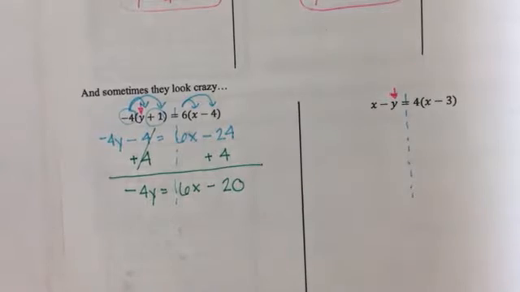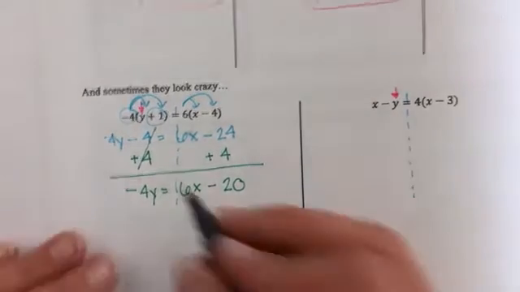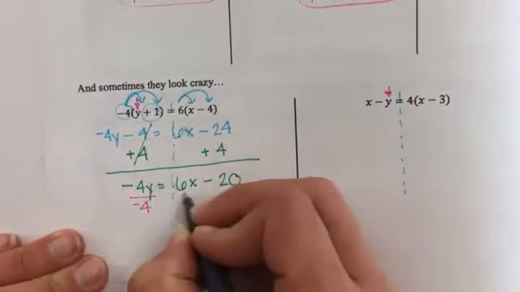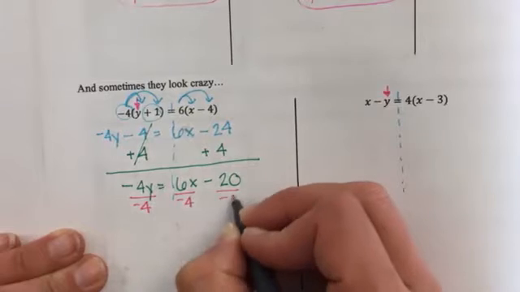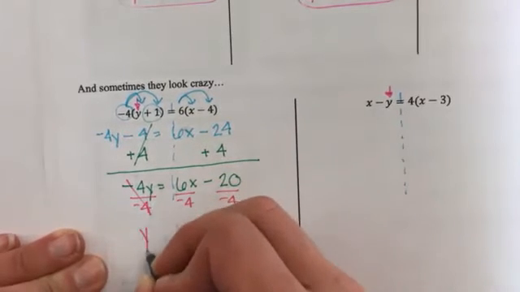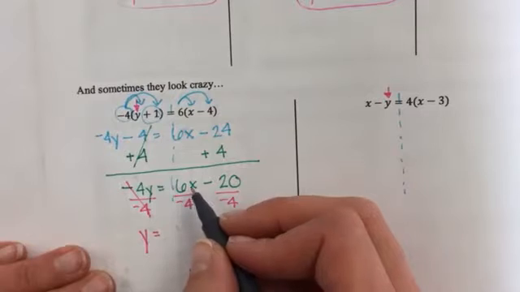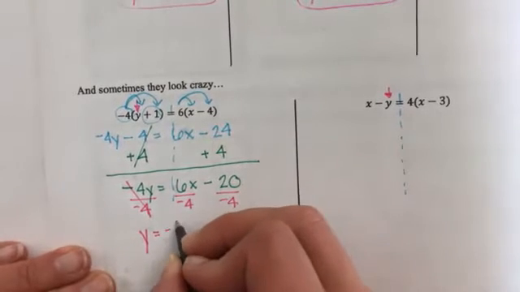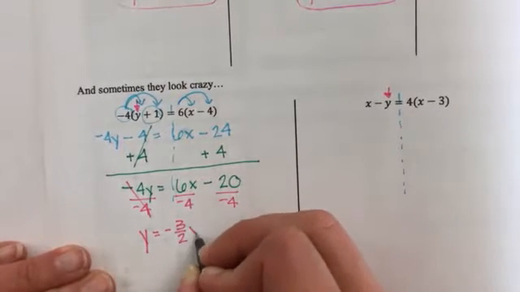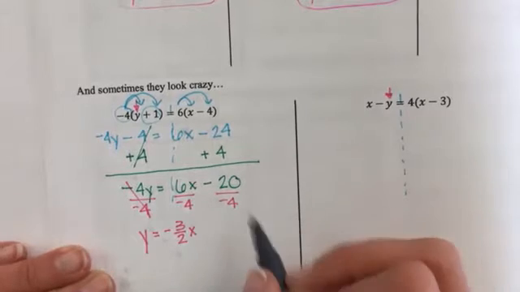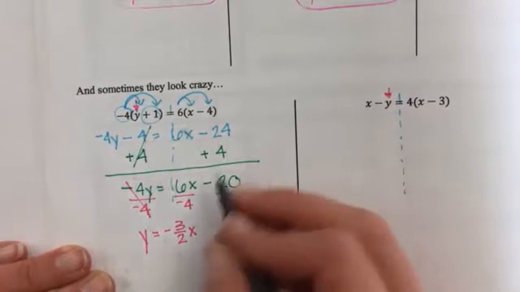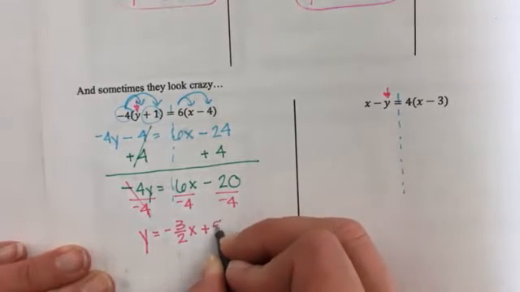And then to get y by itself, I'm going to divide by a -4. Get y equals, I take this right away, 6/4. I know that reduces to -3/2. If you don't reduce it right away, just make sure you do eventually. -20 divided by -4 is going to give me a +5.